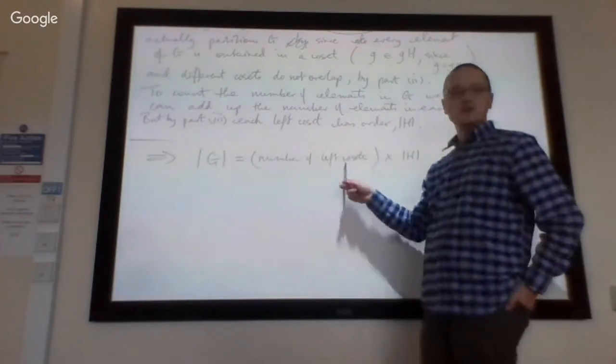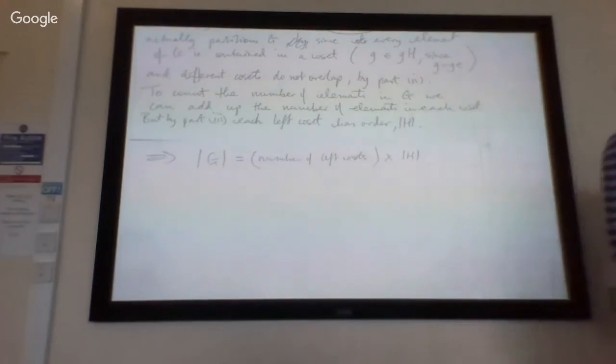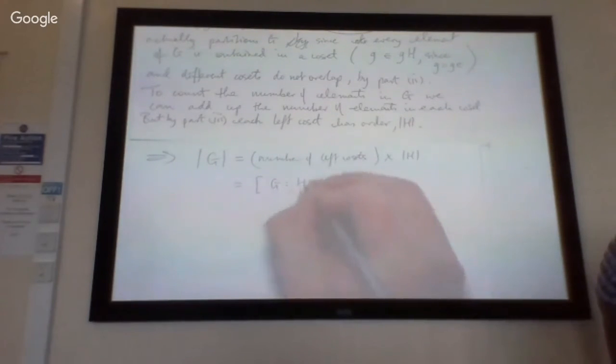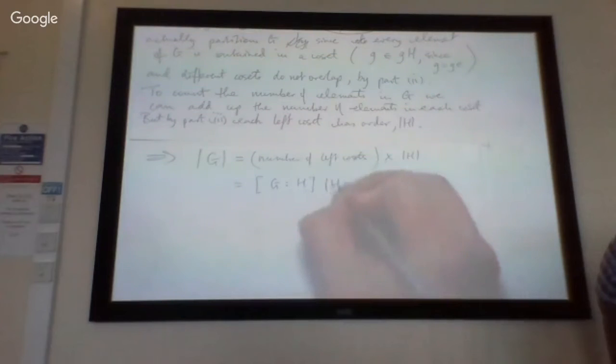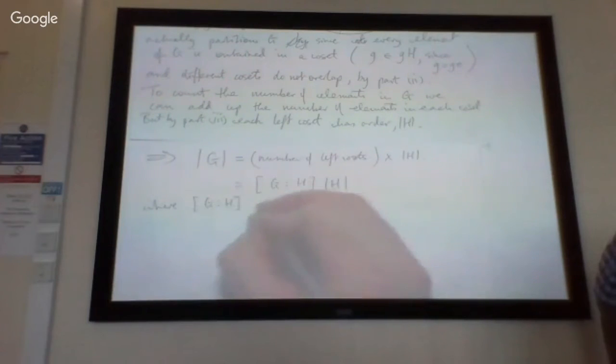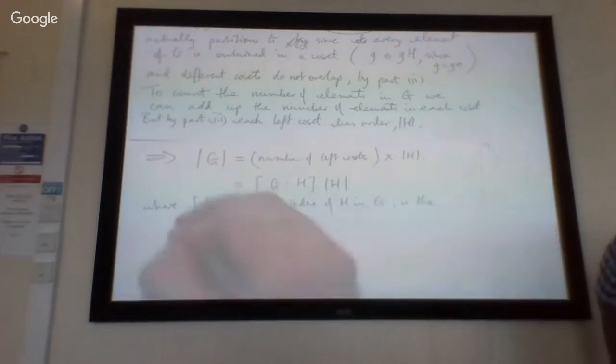The number of left cosets is clearly an integer. It's just a count. Or it might be slightly better if you use the appropriate notation, square brackets G colon H, the index of H in G, which is the number of cosets.